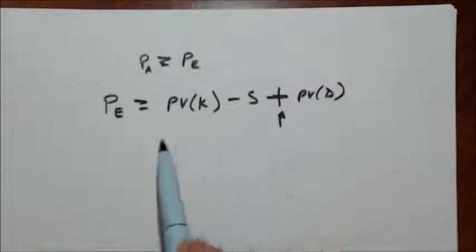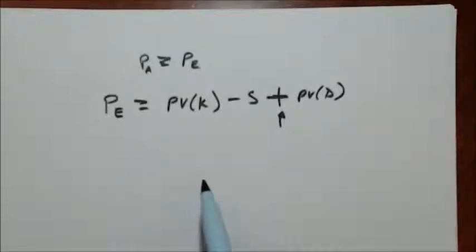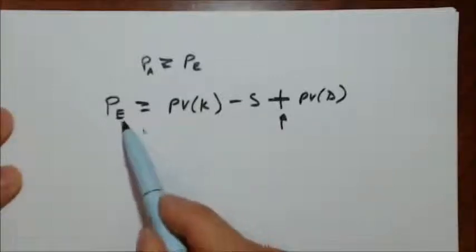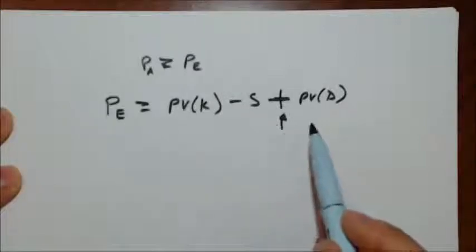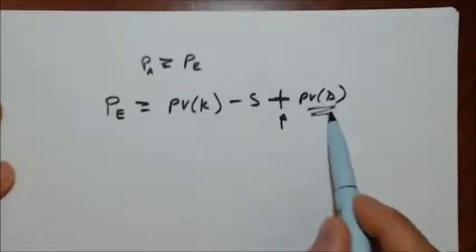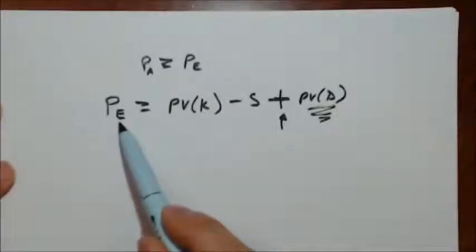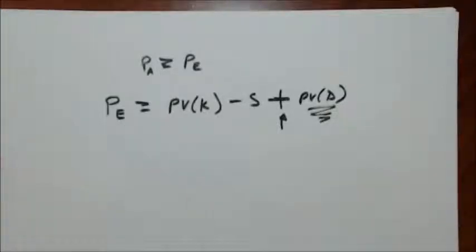It's a plus because when a stock pays a dividend, the stock drops by the amount of the dividend, which means when the stock drops, the put is more valuable. So if you have a stock that pays a gigantic dividend, the value of the stock is going to drop. That put is going to be very valuable. People are going to want to hold that put, all else being equal.